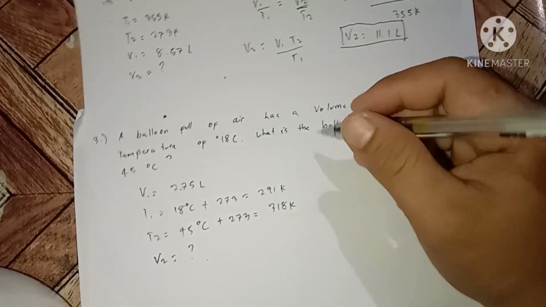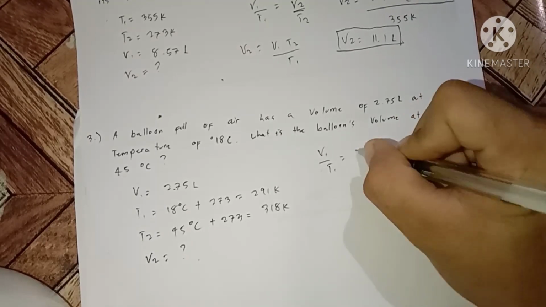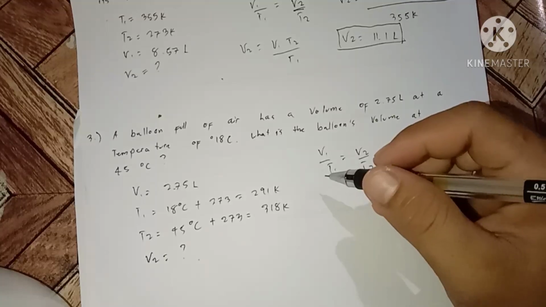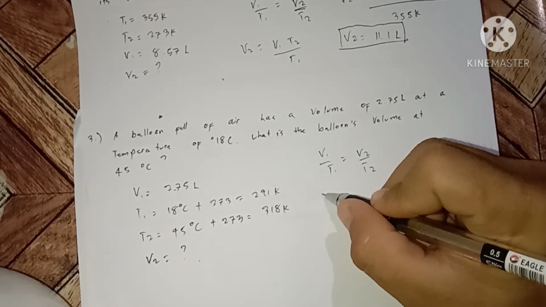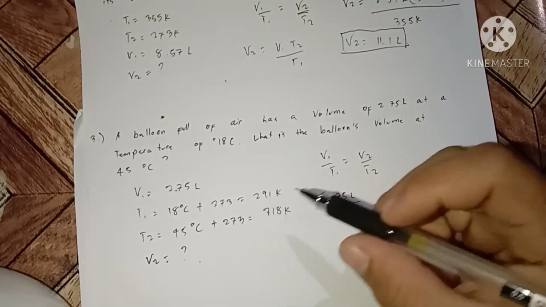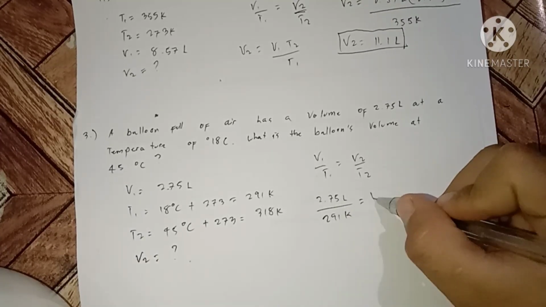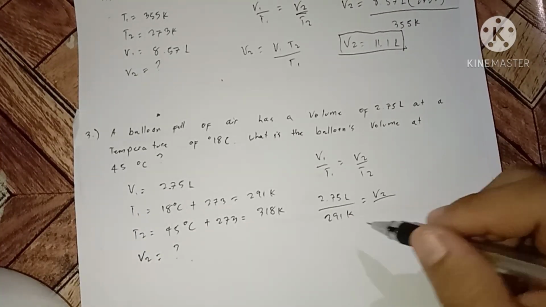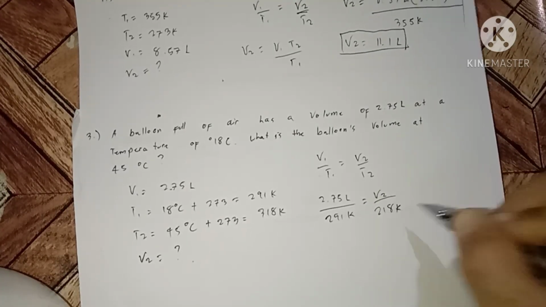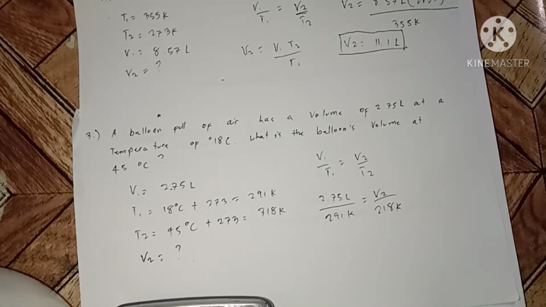To get that, we need to use the formula V1 over T1 equals V2 over T2. So V1, 2.75 liters, over T1, 291 Kelvin, equals the unknown V2 over T2, 318 Kelvin. So let's solve.